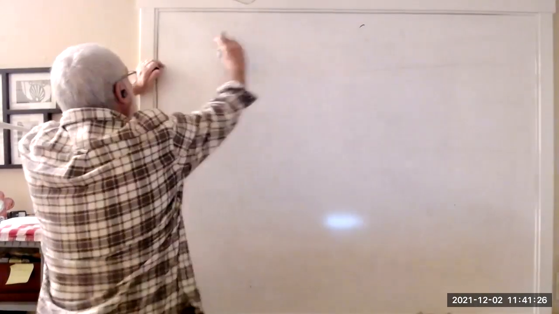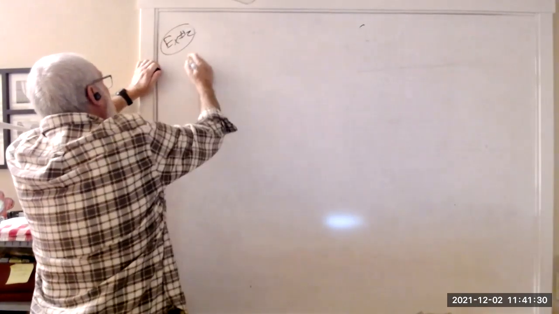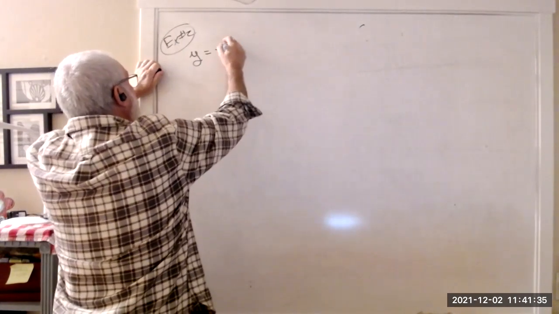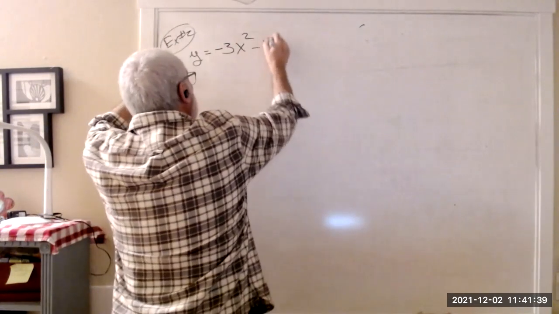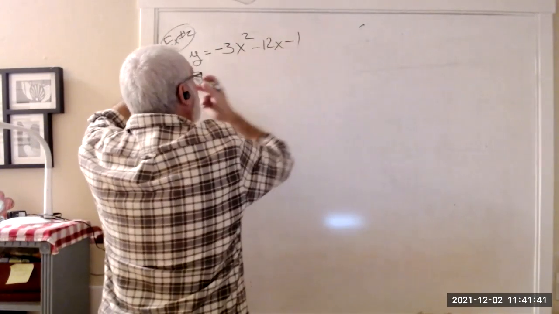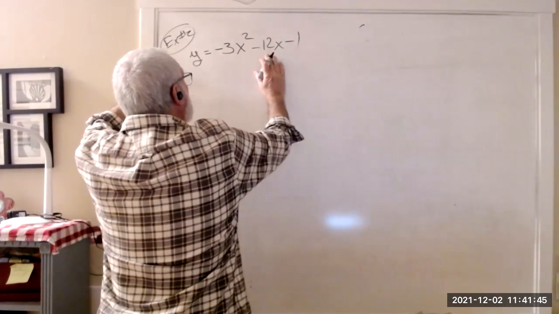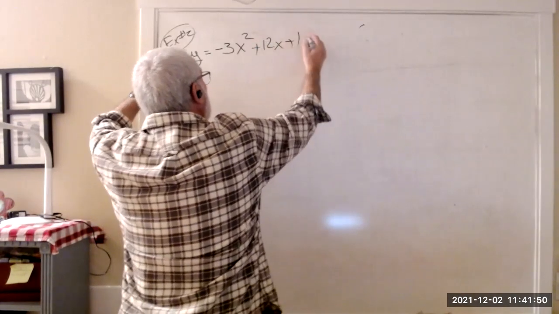So let's take example number 2. And let's go y equals, oh, I don't know, -3x squared plus 12x plus 10.